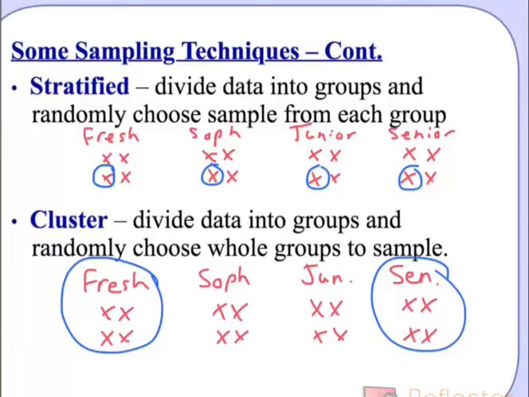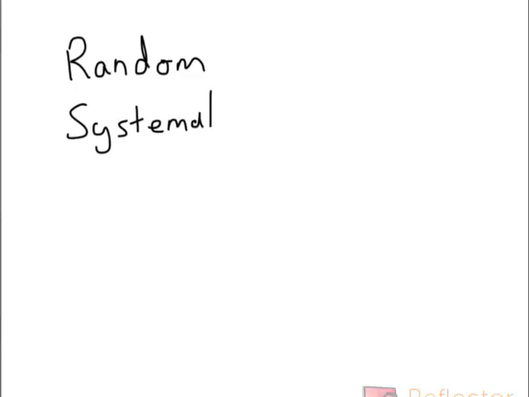So remember, there are 4 different types of sampling that I've talked about so far. They were random sampling, they were systematic, and remember, systematic was where we chose every 10th person or 11th person that came through the door.